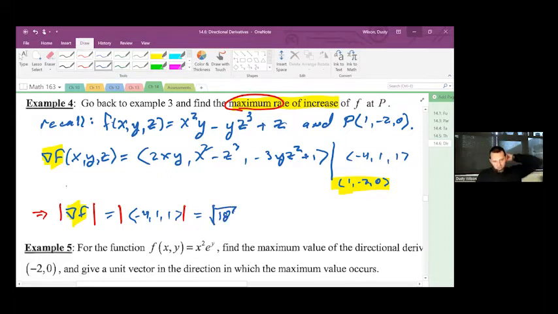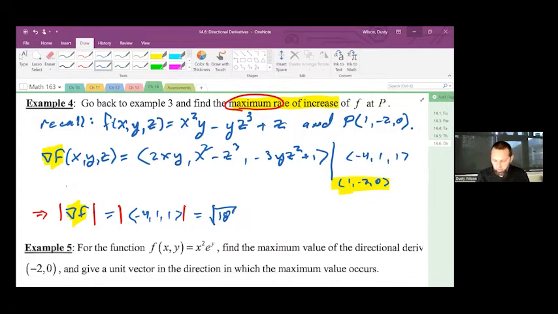So this is saying that if you were at the point on the surface above the point (1, -2, 0), there would be lots of directions you could travel, but the fastest your slope could change would be square root of 18.